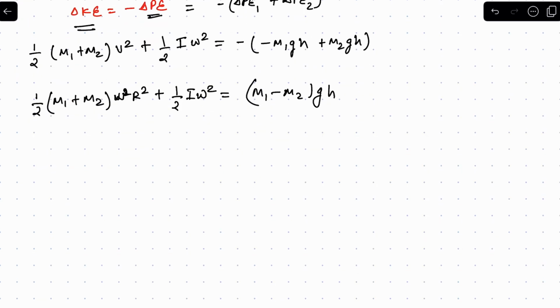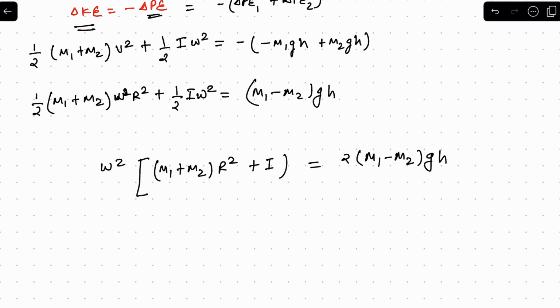From here I can find omega. Taking omega square common, on this side I get m1 plus m2 r square plus I, and the 2 goes to the other side, so 2 m1 minus m2 gh.